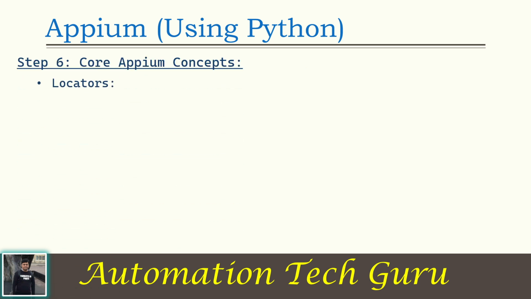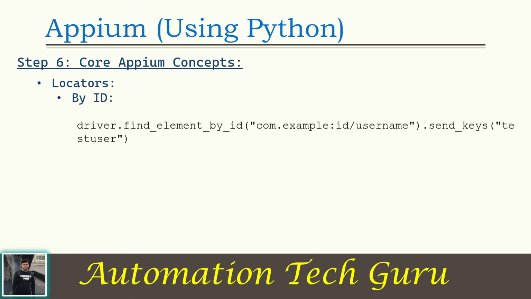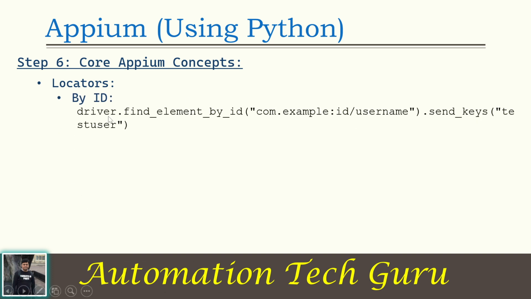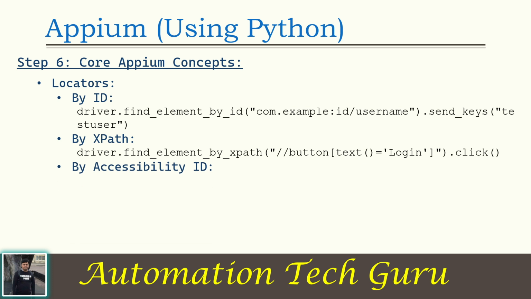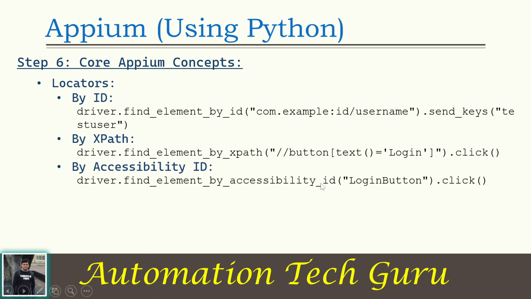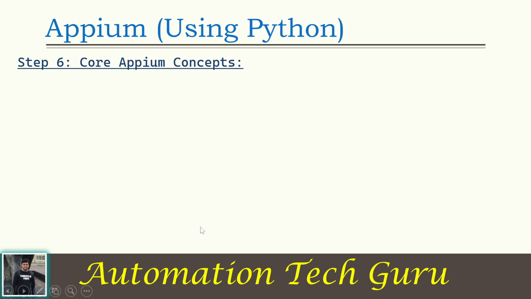Core Appium concepts. So locators: how you can find the locator by ID. It's similar to Selenium, but Selenium is for web and Appium is for mobile. So you can use ID, XPath, and then by accessibility ID, like by accessibility ID login button. Then actions for tap, you can use driver.tap, then swipe.